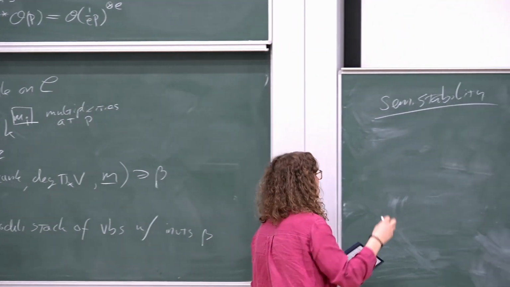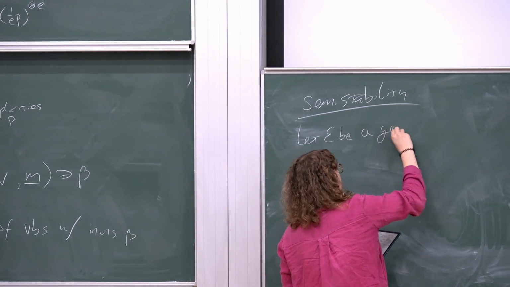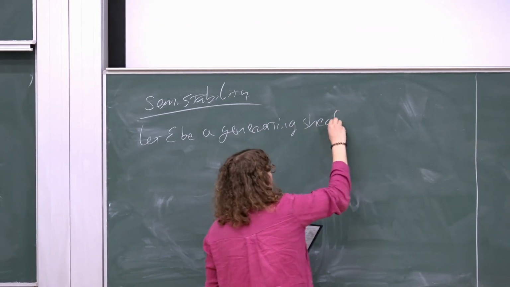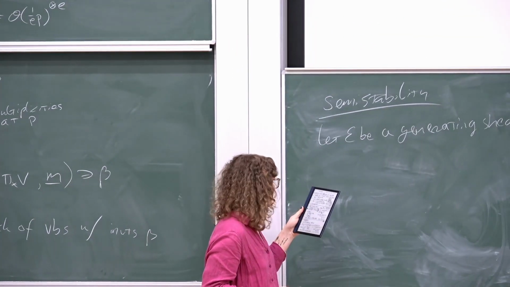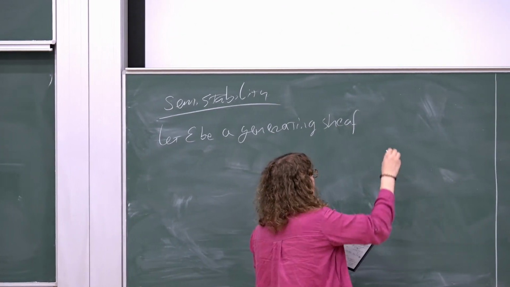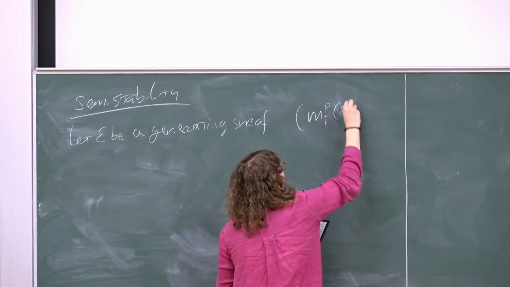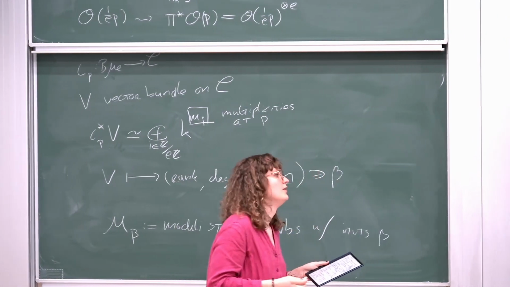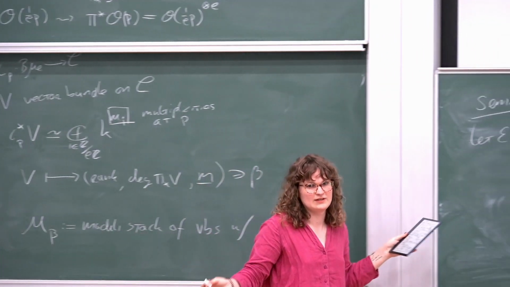So for this we start with a generating sheaf. So these generating sheaves are the ample vector bundles we saw this morning. We need something slightly weaker than ample, but this can be summarized as saying that all the multiplicities at any point are strictly positive. This is sort of saying that once you pull back to the stacky points, you will have all the possible representations that you can get.